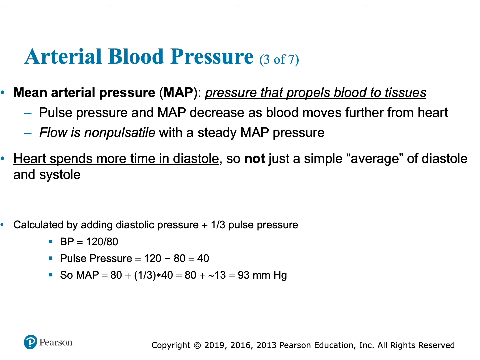I'm not going to ask you to do this math, but remember that for mean arterial pressure, you can't just take averages. Mean arterial pressure is not a pulsing pressure. This is just flow as it's moving through the tissues at a lower level.